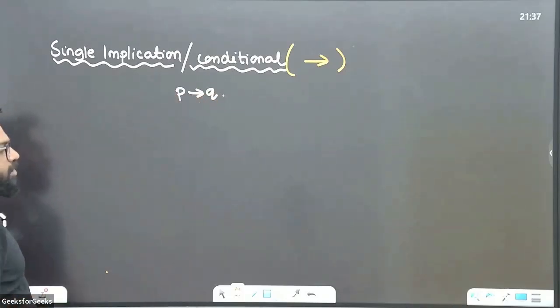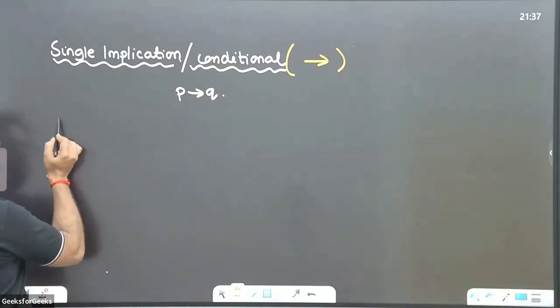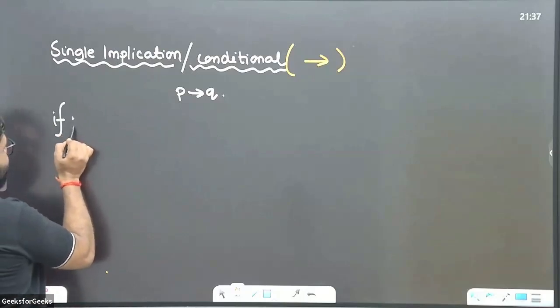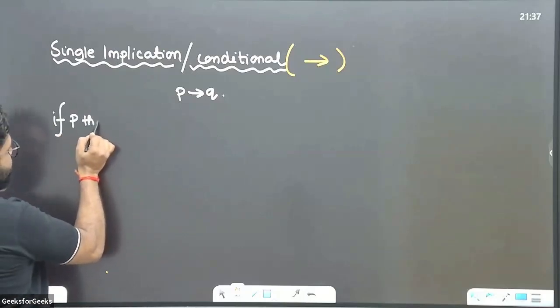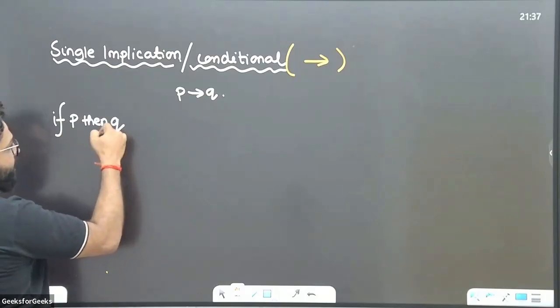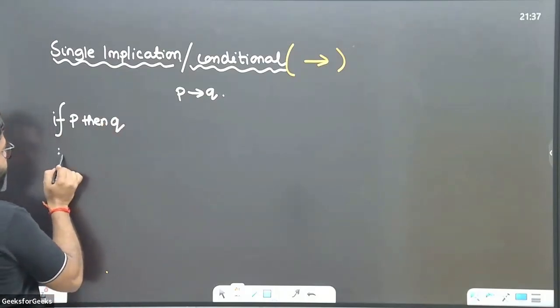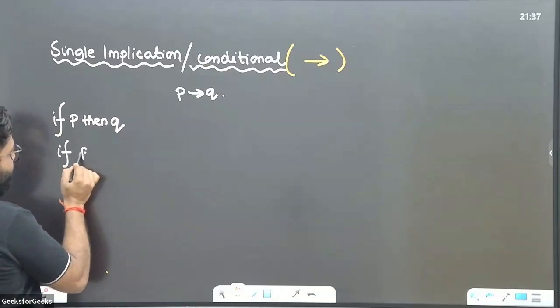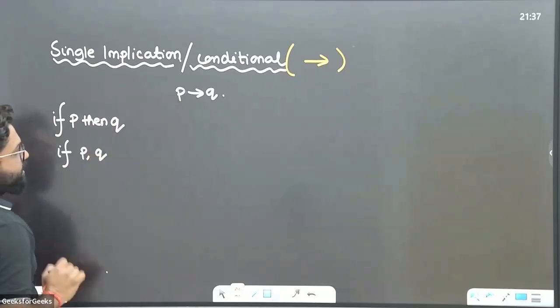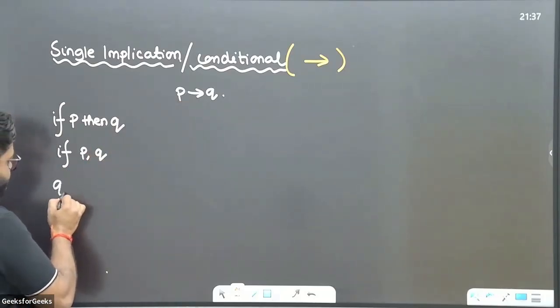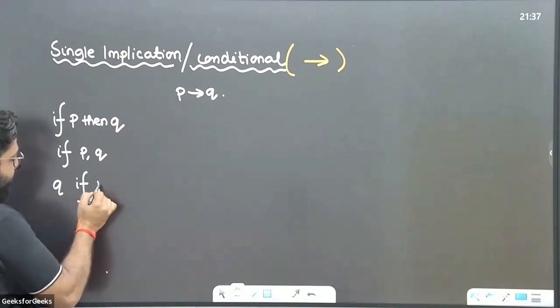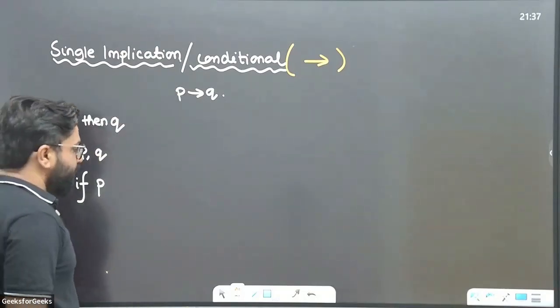When we have to use this notation: first, if you see any statement that contains something like this, if P then Q, then you have to use this statement. Another one, if P comma Q, then you have to use that statement. Or Q if P, then you have to use that statement.